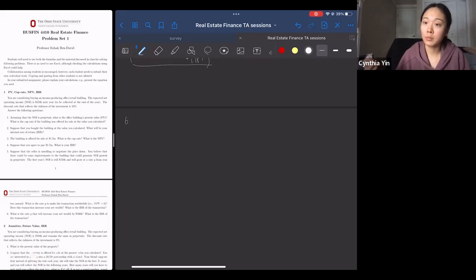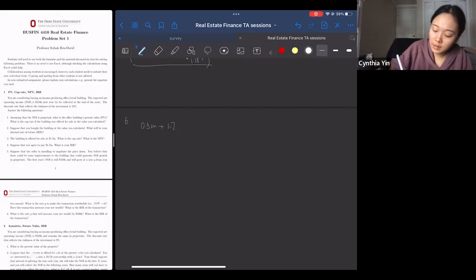By paying just the 1.7 million, it means you're not making any profits from this project. So you want to make a profit of 500K, which means you have to make the present value of the whole project 500K more expensive. So 500K means 0.5 million, and plus the present value of the project, which is 1.7 million, equals 2.2 million.